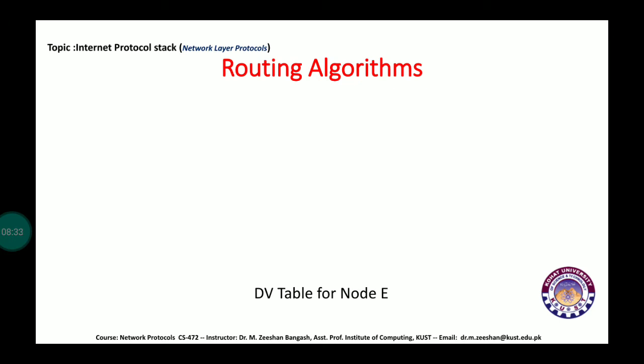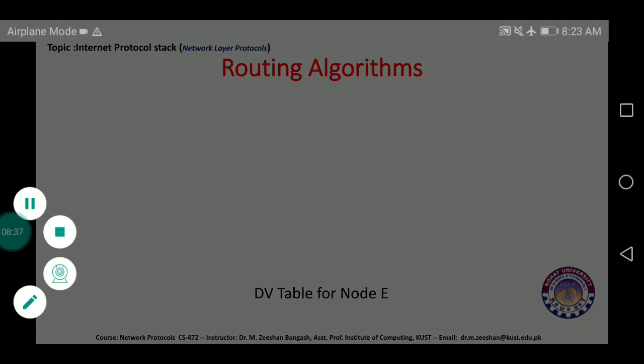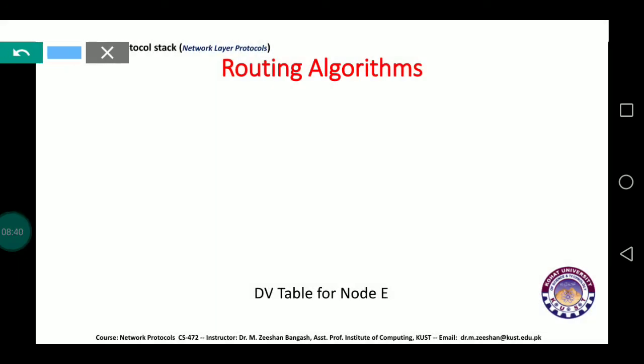Now there's another example, another table which we call a distance vector table, and you can notice that we want to reach node E in the previous diagram from that node. This table is a distance vector table in which the detail is shown. So just look at that.